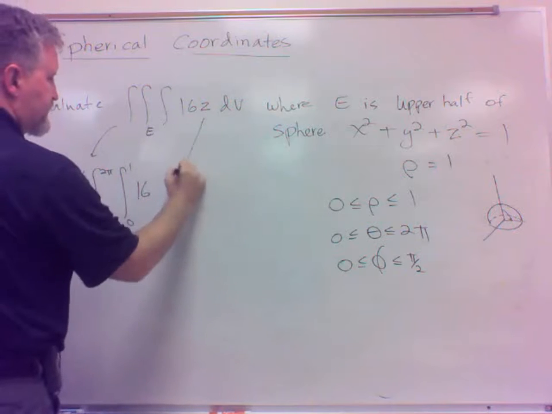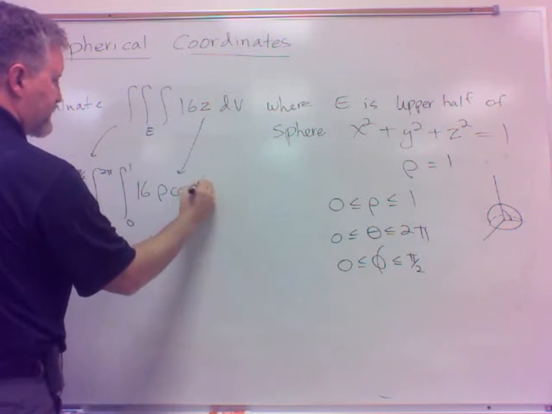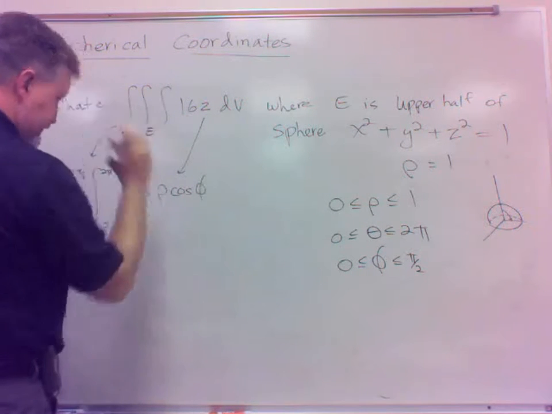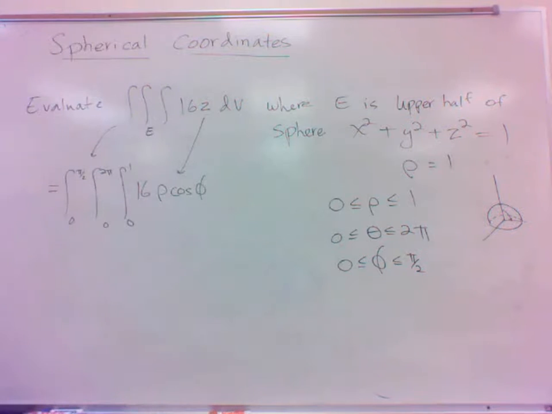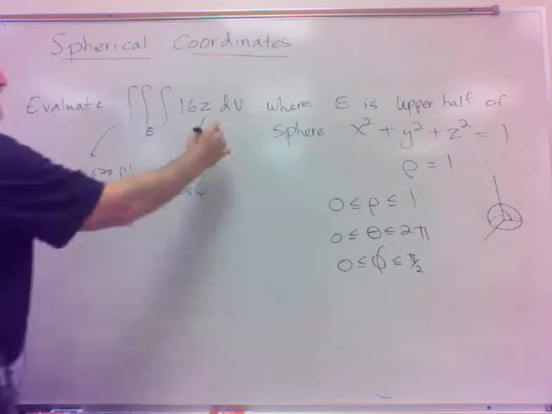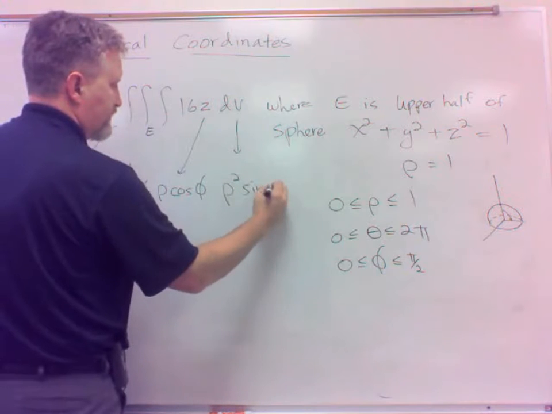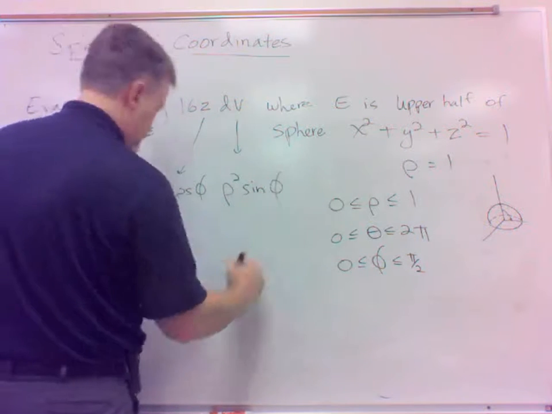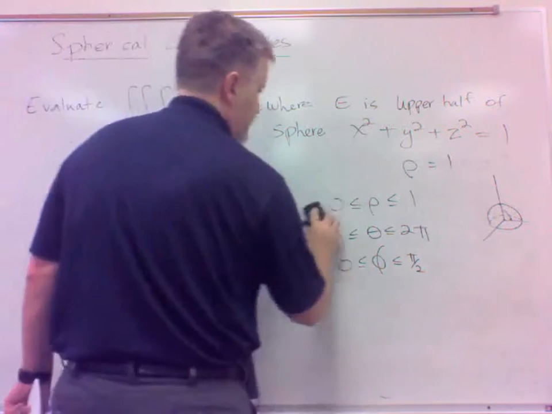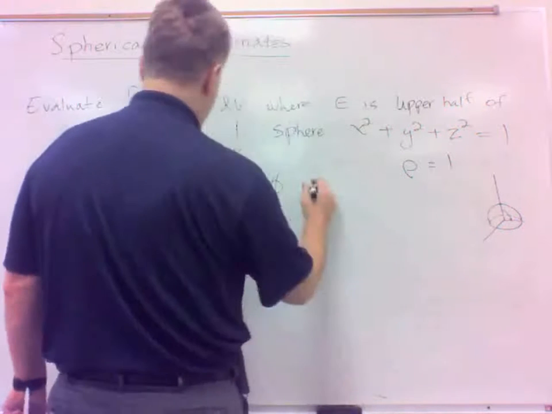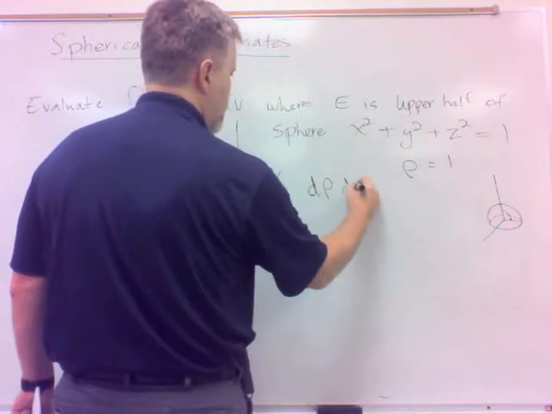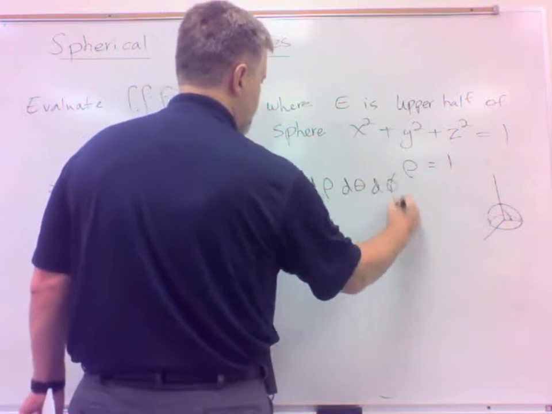Well, we know z is rho cosine phi. And then dV, the conversion is rho squared sine of phi. So we have rho squared sine of phi, and then it's d rho d theta d phi.